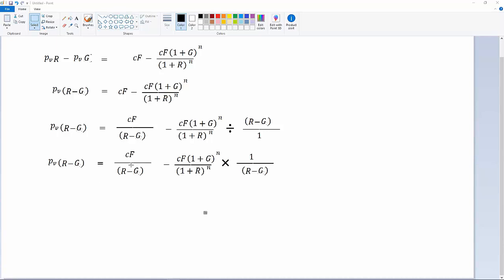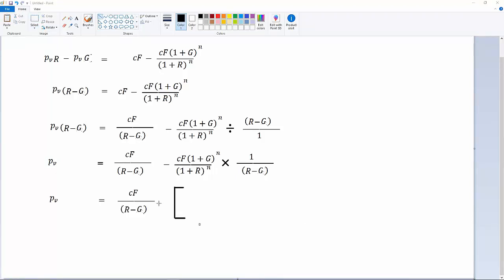So this becomes times 1 divided by R minus G. Okay, so now when you look at this, notice that you have a CF. If we move this over, this R minus G, because it's multiplication, it's the same thing. Both sides have a CF divided by R minus G. So we could take that out of the equation, and this part already canceled out from before, so this is just PV. So we're going to take a CF divided by R minus G out of each side.